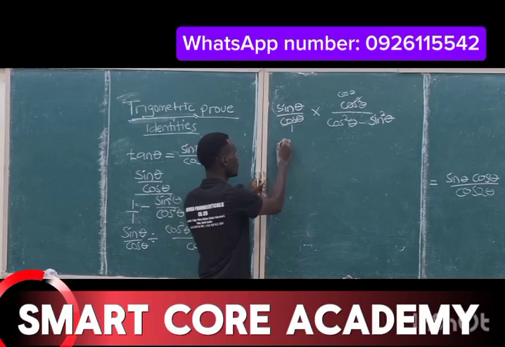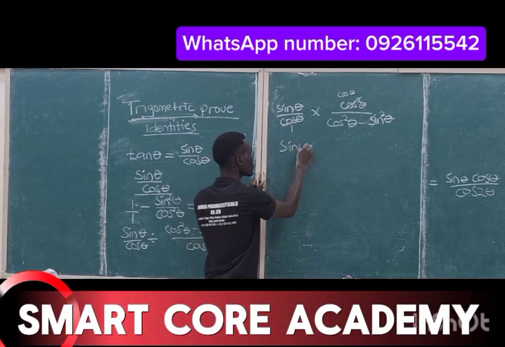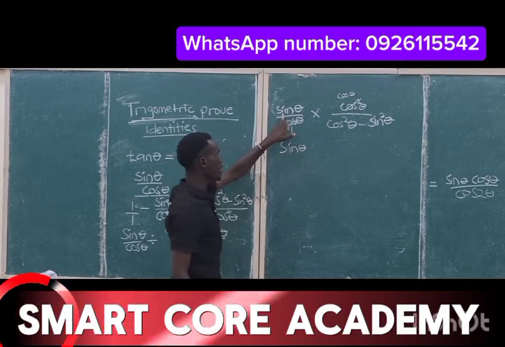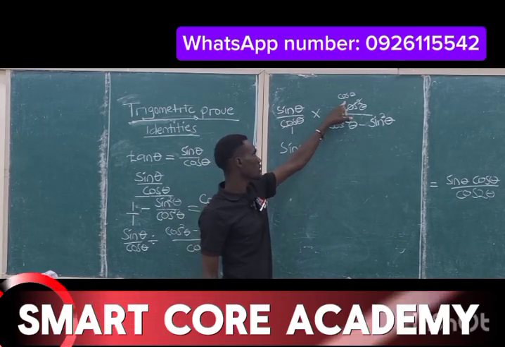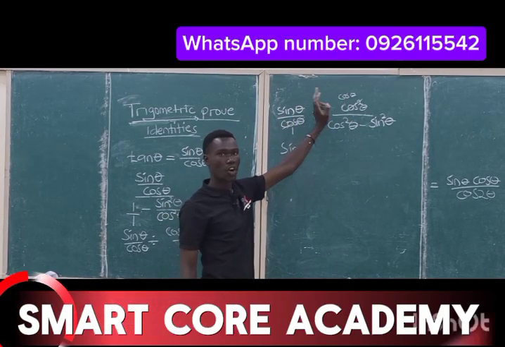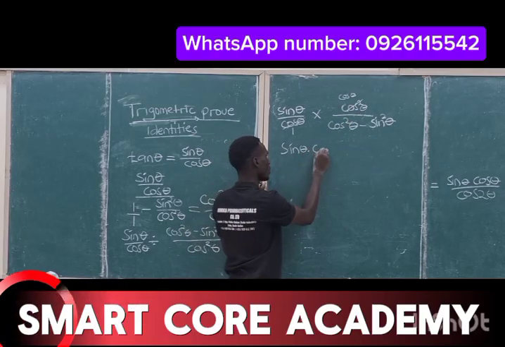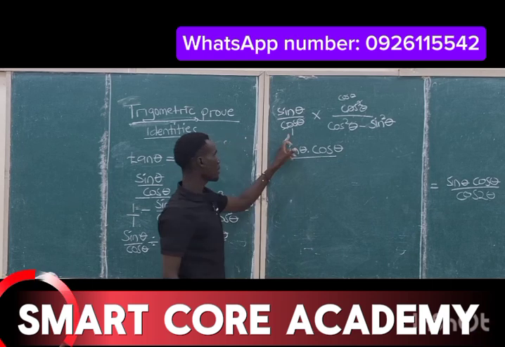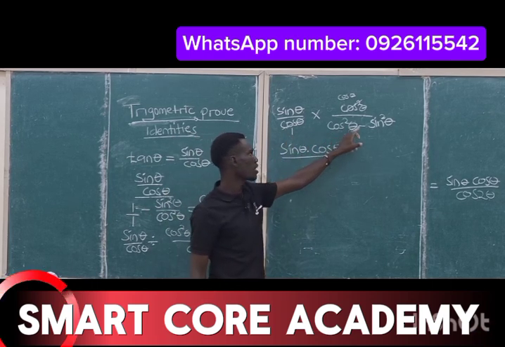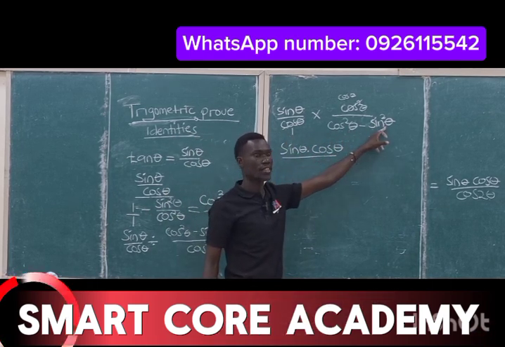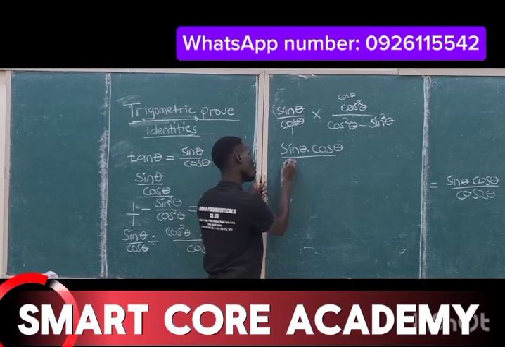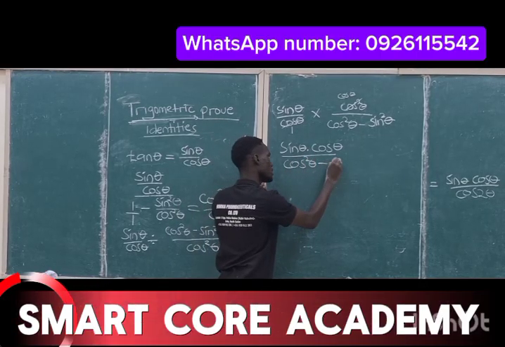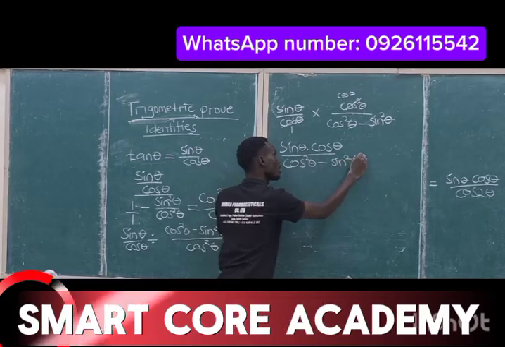So now let's go. We say that sine theta multiplied by cos theta will give you sine theta cos theta, all over. You multiply 1 times cos theta minus sine square theta, you will be left with cos square theta minus sine square theta.